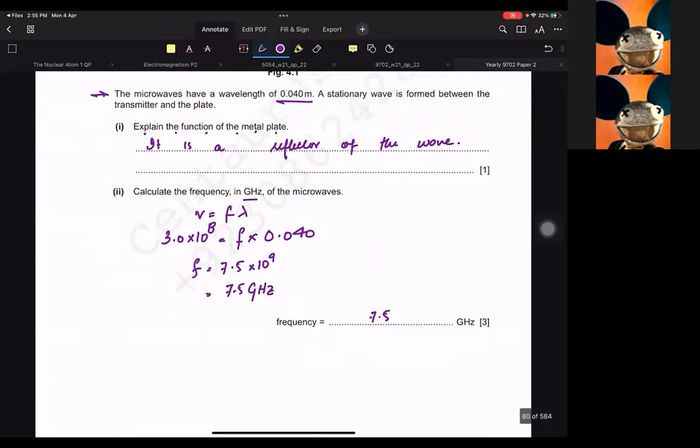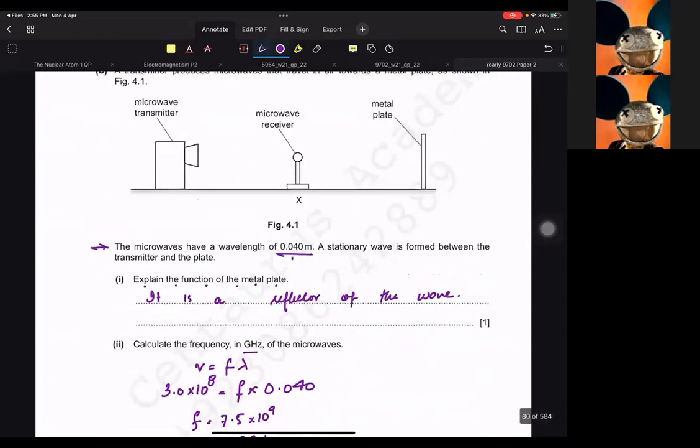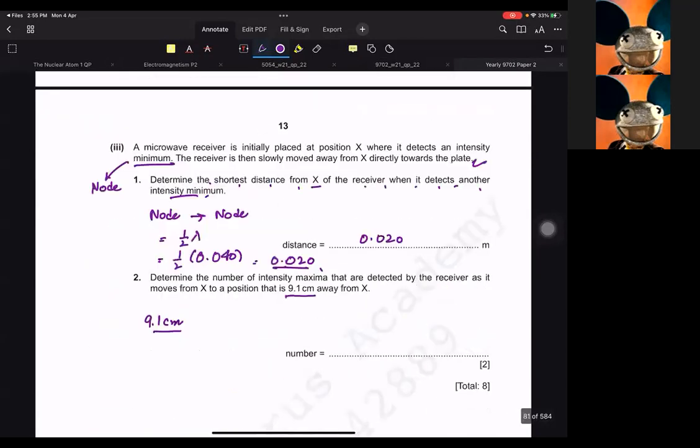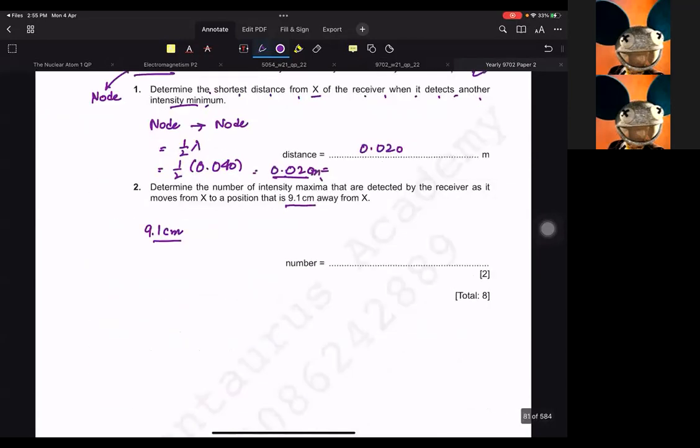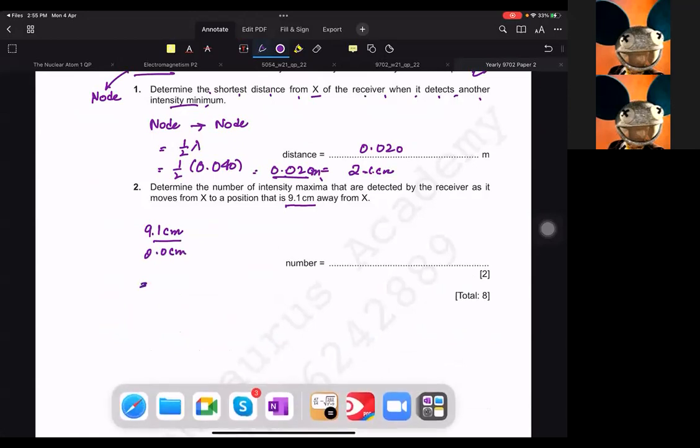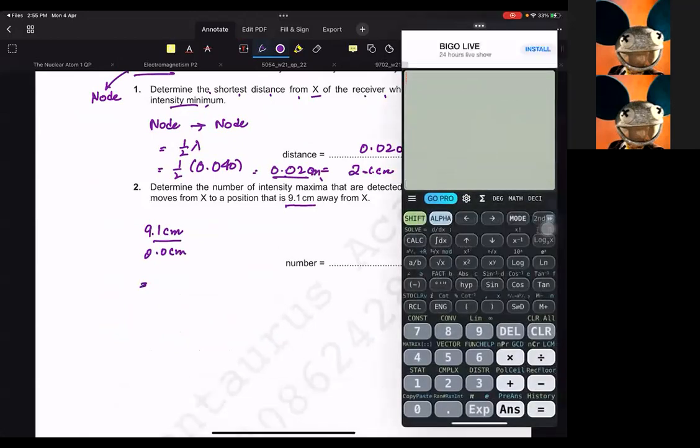This is in meters, so I convert it into centimeters, that would be 2.0 centimeters. You divide that: 9.1 divided by 2.0 comes out to be 4.55.